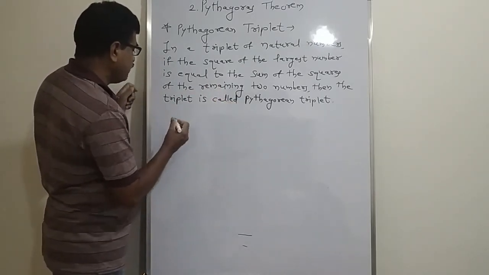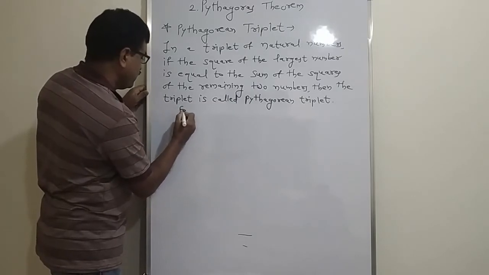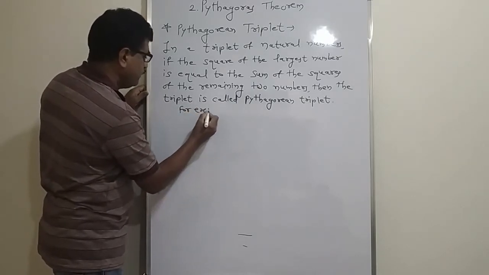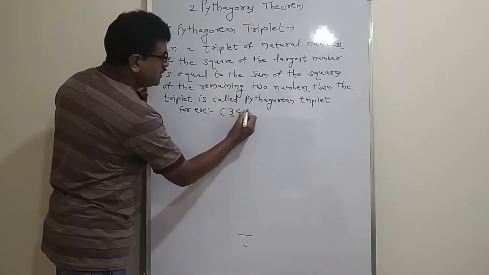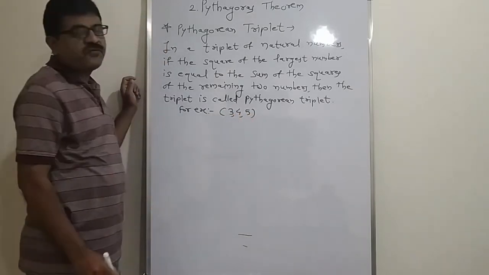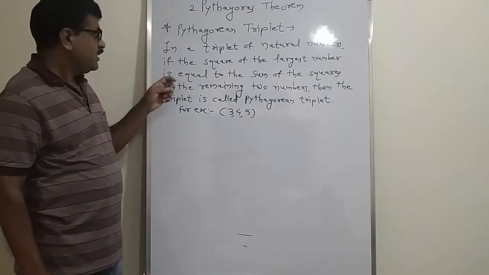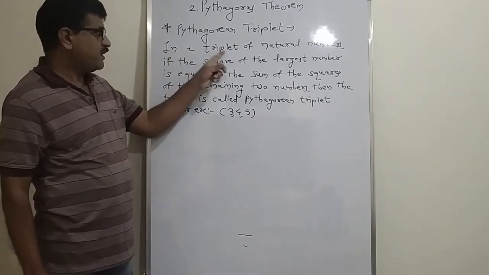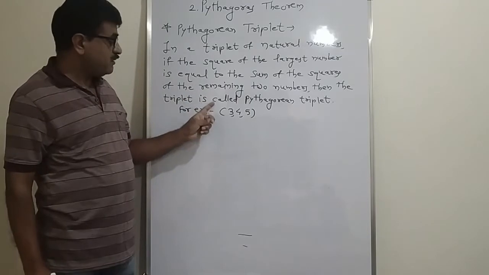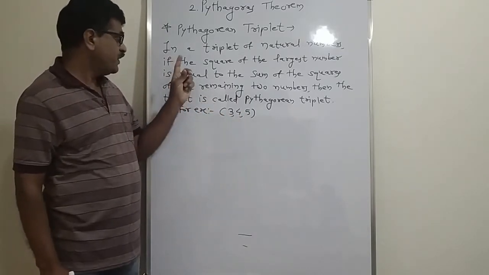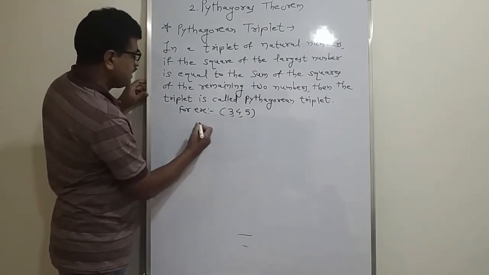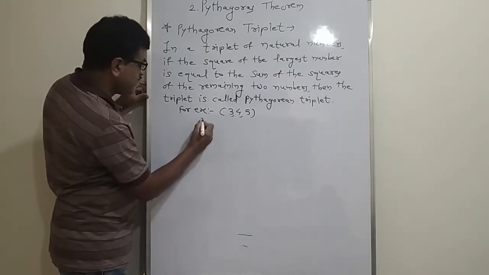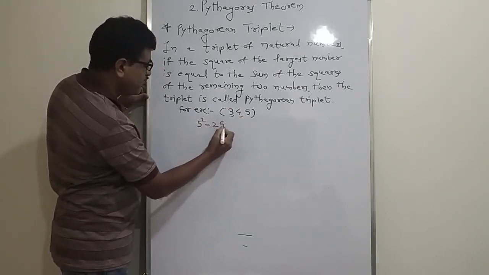Now we take an example. If we are given three numbers 3, 4, 5. Here, in a triplet of natural numbers, the three numbers are 3, 4, 5. The square of the largest number, that is 5 square, is equal to 25.